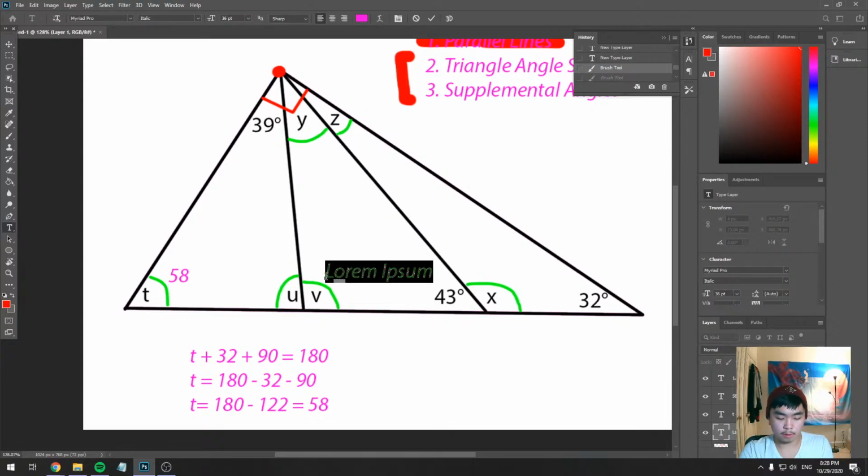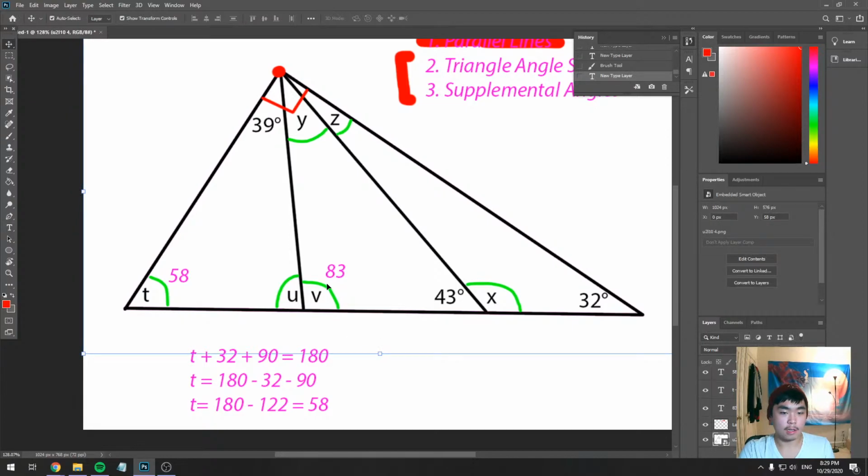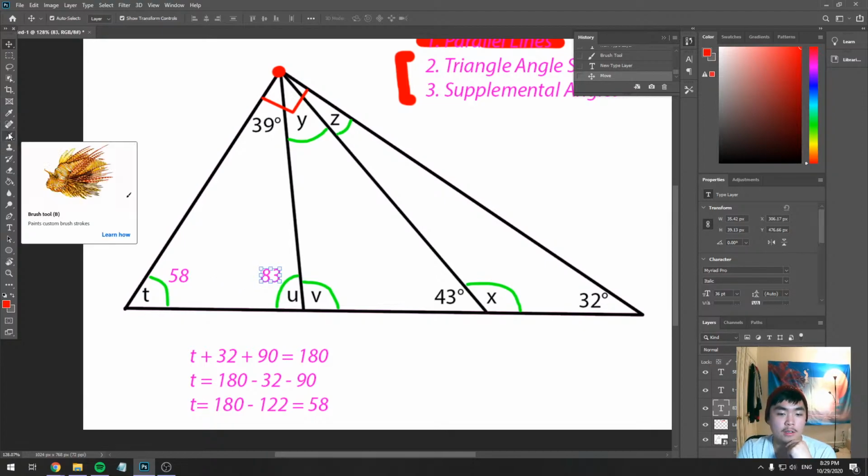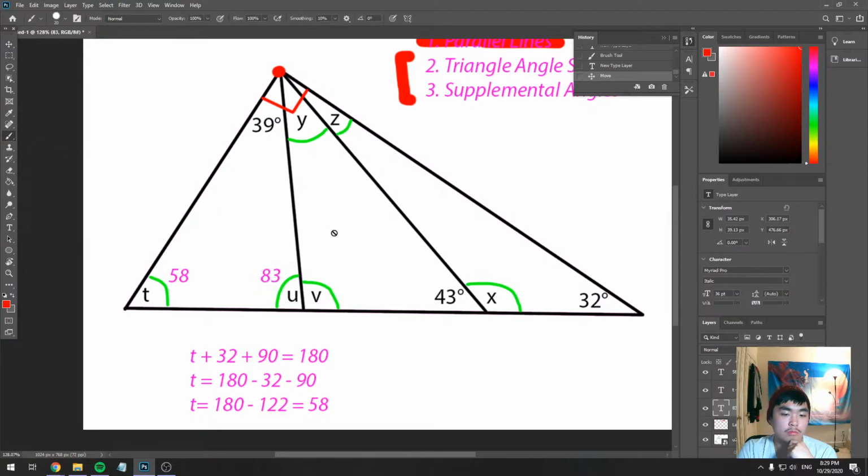And if any of the math or anything was confusing, you can always pause the video, pause the recording, pause the live stream, go back, and then catch back up afterwards. Alright, so we have U.